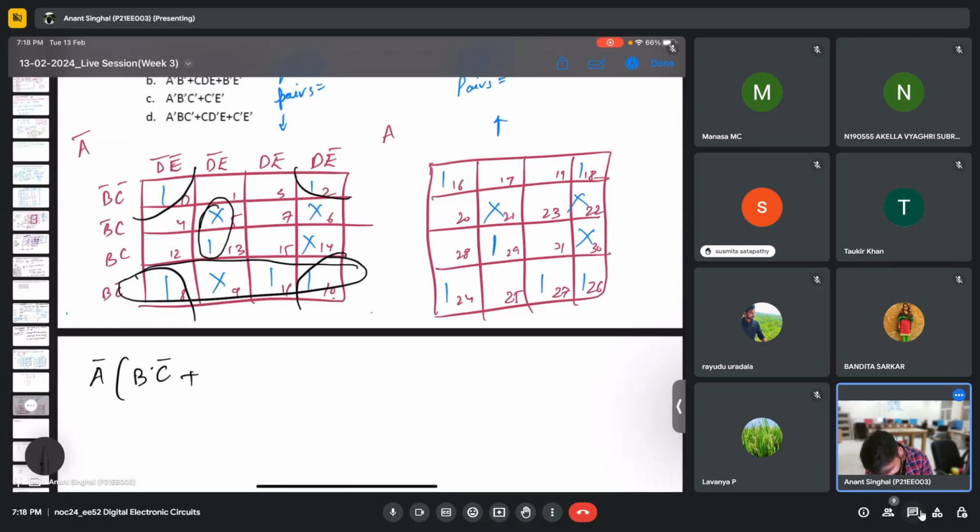The second is E complement and C complement. Sorry, there is one more term. And the last is C D complement E. Is it fine for the first part?